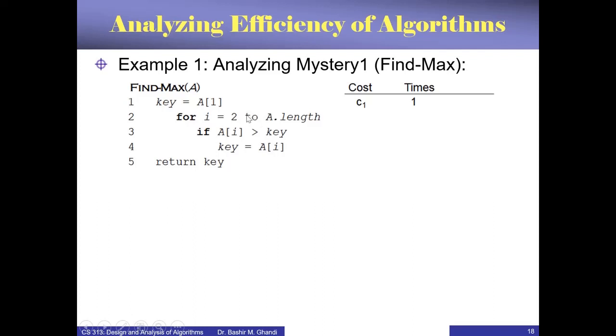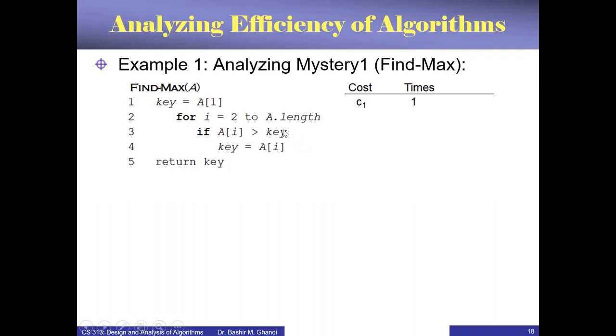Okay, why? Because there will always be one more comparison which will be false that will allow you to exit the loop. So that comparison, because it is false, we don't enter the loop. Okay, so basically then the number of times you execute the heading of the loop is always 1 plus the number of times you execute the body of the loop.